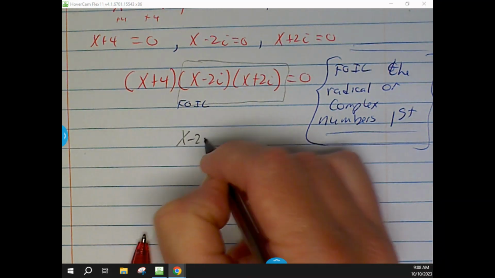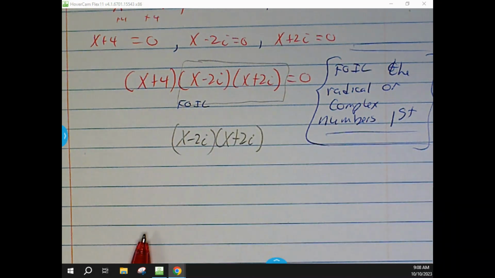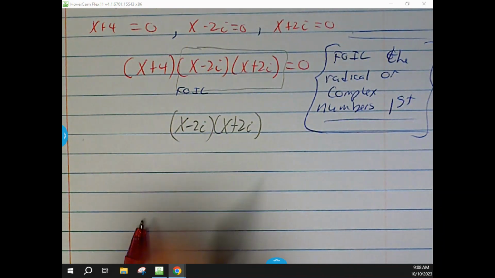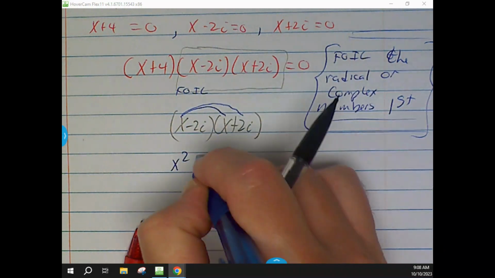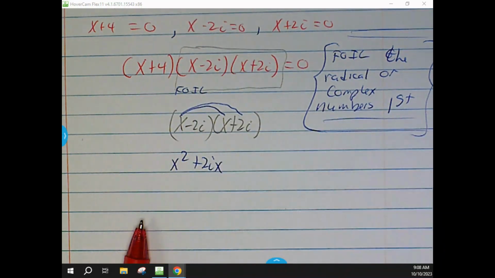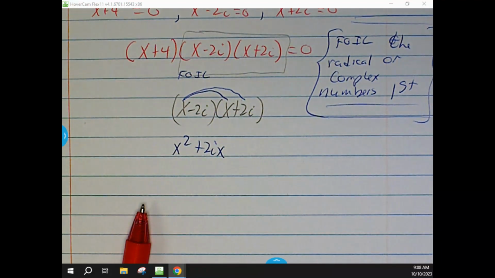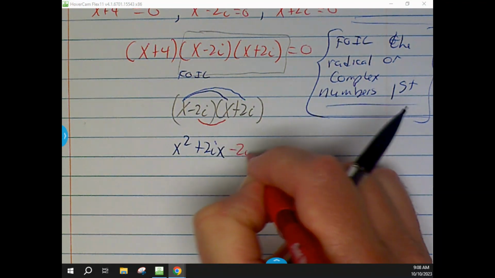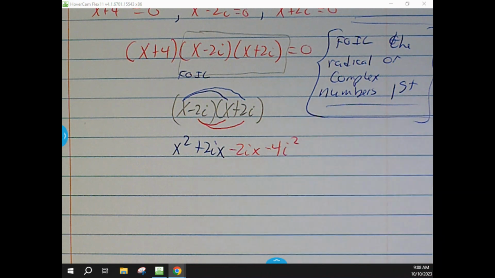So we're going to do x minus 2i times x plus 2i first. We've got x times x for x squared. X times 2i is 2ix. Where you put the variables, the i's and the x's, doesn't really matter, because as soon as you multiply these two together, you've got a negative 2ix and a negative 4i times i.